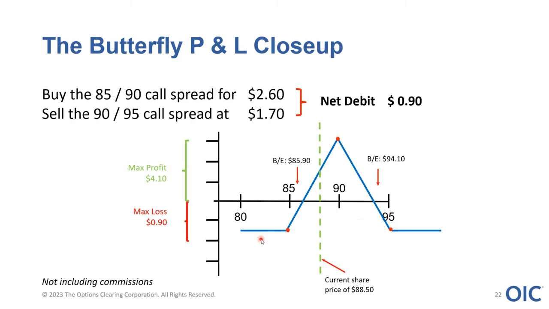Much of this is very similar to what a Condor looks like as far as the dynamics of risk. Your max loss, again, because you're flat options throughout this: if you were to net out all of your options, even though you have two of the 90s and one of the 85s and one of the 95s, when you net all of these strikes out, you end up with flat options, which is what gives you, again, that defined risk.